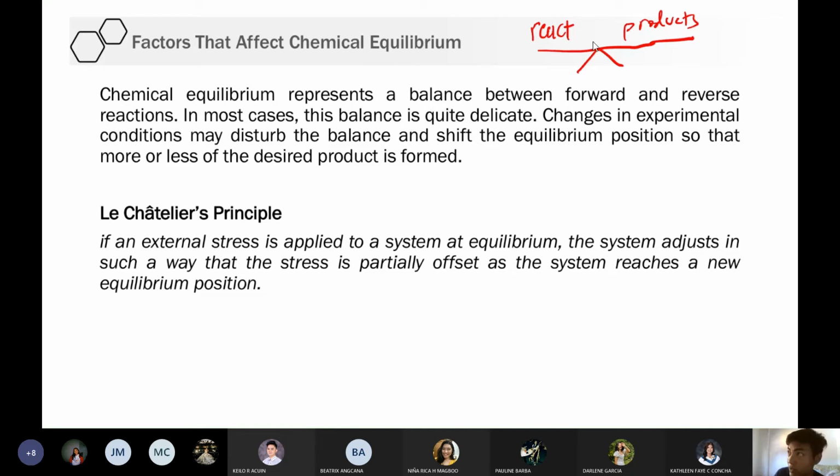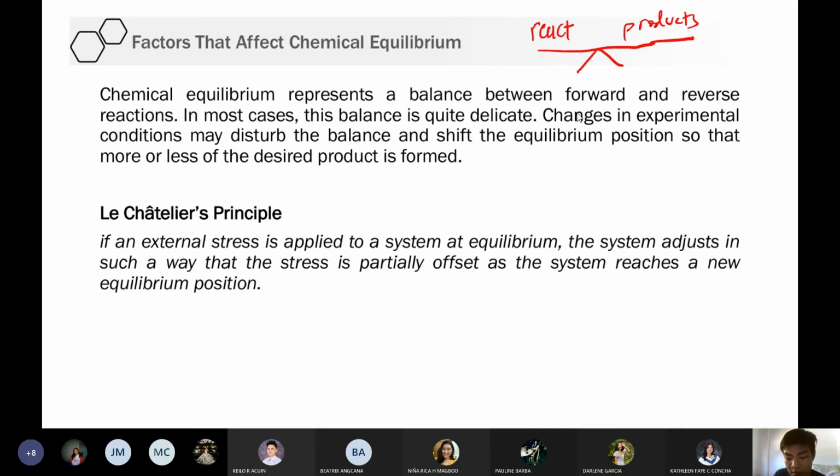That means if you add a few amounts of reactants, then the balance will be destroyed. If you change the state of your system, the balance can also change. That concept was laid out by Le Chatelier in his Le Chatelier principle.